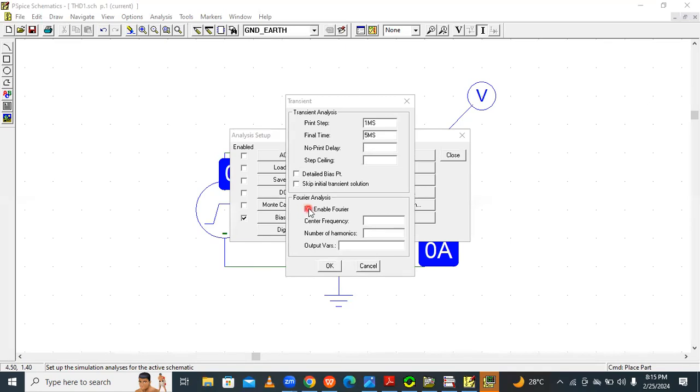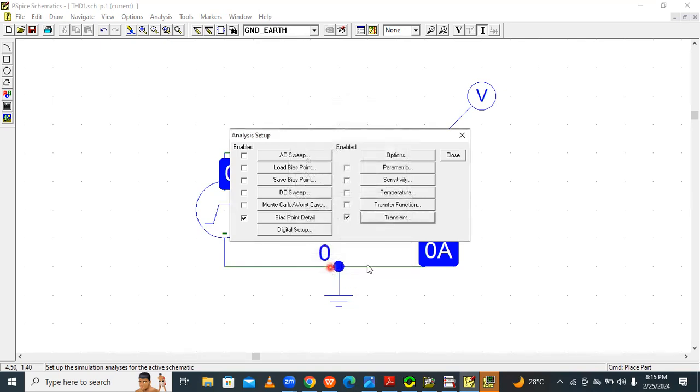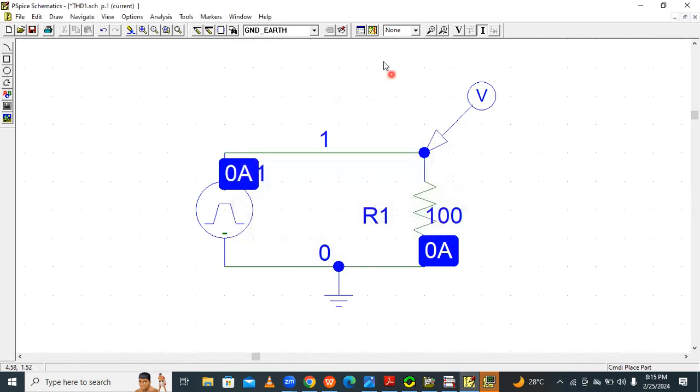This is very important. Center frequency is 1 kilohertz, and the number of harmonics is 9, and output variables in terms of V of 1. We have to write it like this, V of 1, and then okay, close, and then simulate.